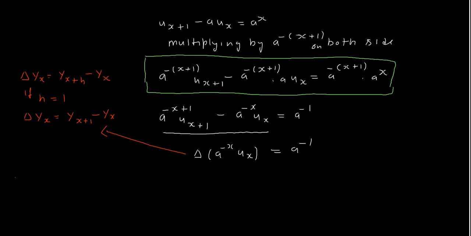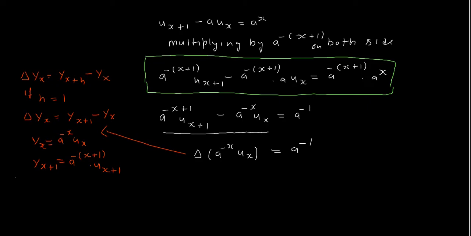So here we assume that y(x) is a function, y(x) equal a to power minus x u(x). Then y(x plus 1) means we just replace x by x plus 1, so this becomes a to power minus (x plus 1) into u(x plus 1).